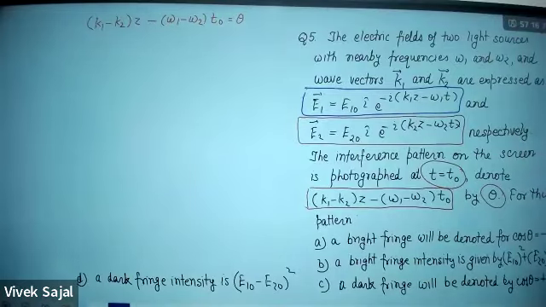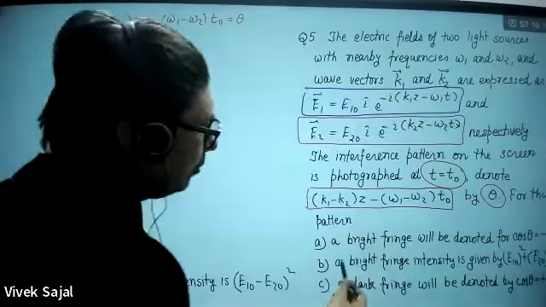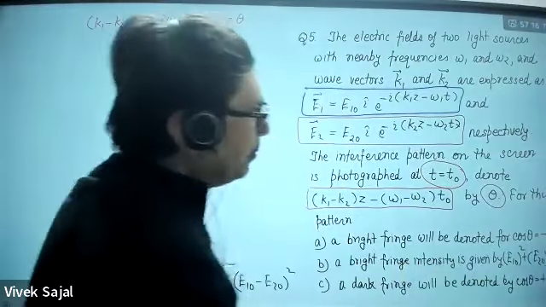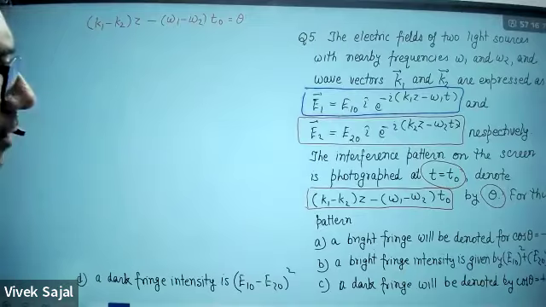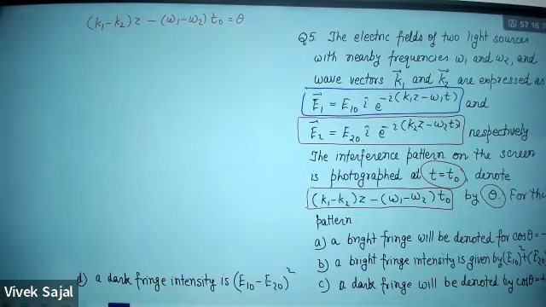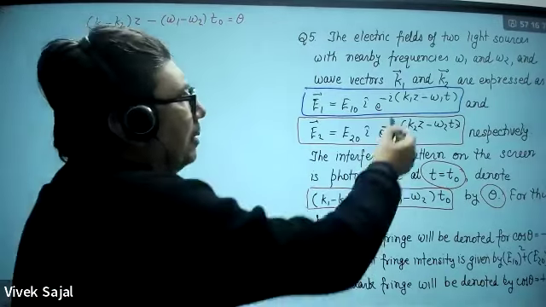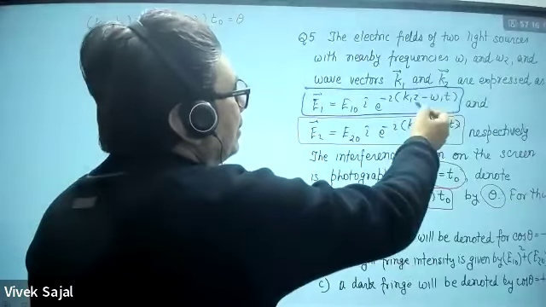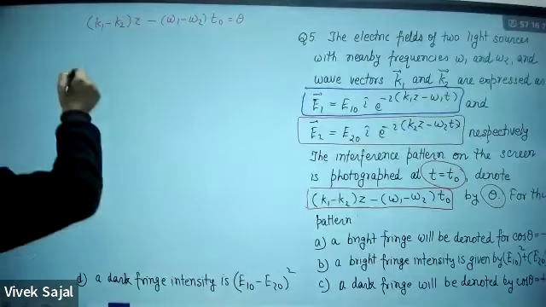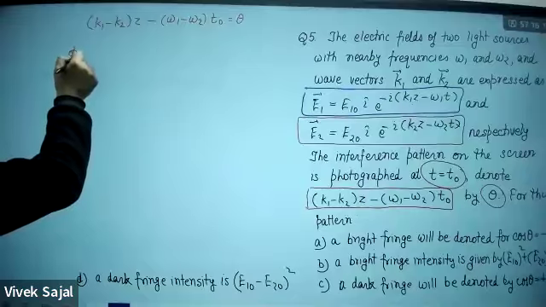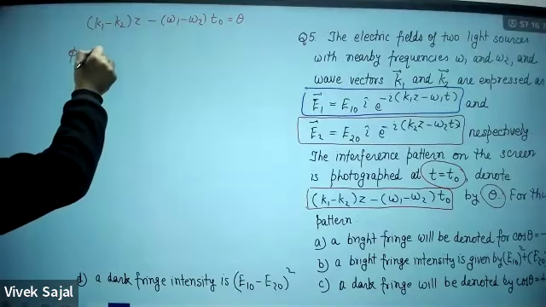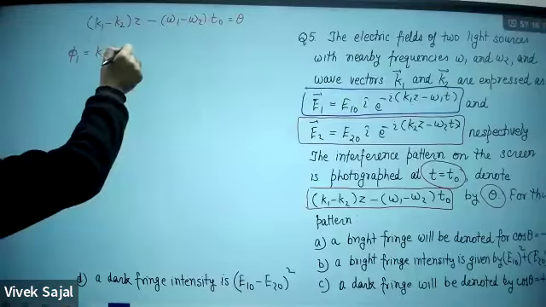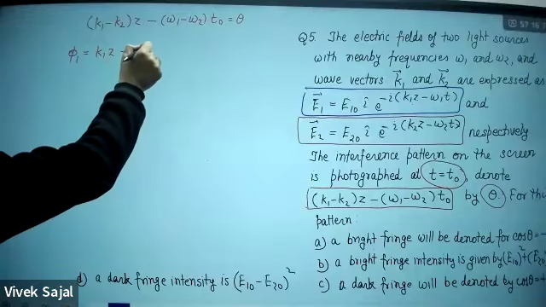Now, they're talking about a bright fringe being denoted by cos theta equal to -1. So can you tell me when you are going to have a bright fringe? What will be the condition of bright fringe? What is the phase difference here? Phi 1 for the first wave is k1z minus omega 1t.